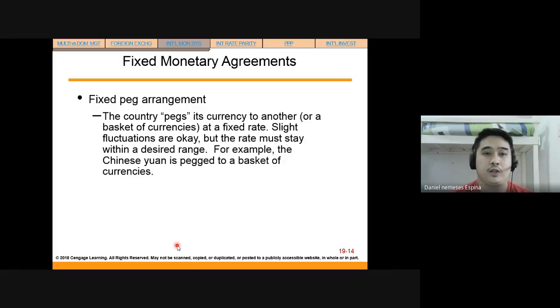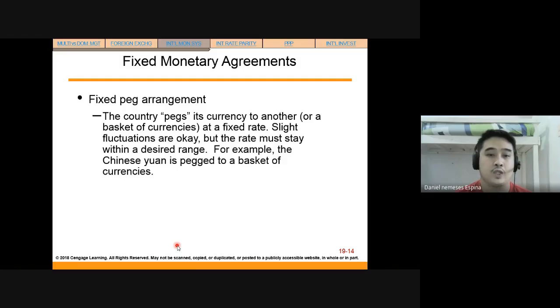The last fixed monetary agreement is called the fixed peg arrangement. This country pegs its currency to another or a basket of currencies at a fixed rate. Slight fluctuations are okay, but the rate must stay within a desired range. An example is the Chinese yuan.